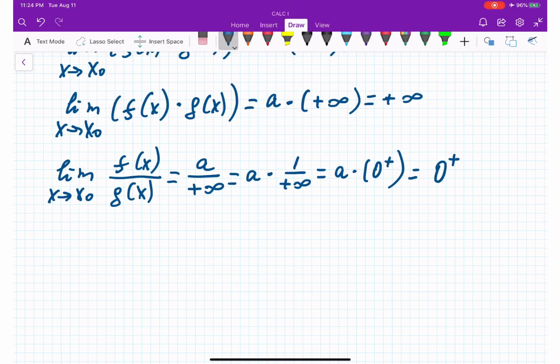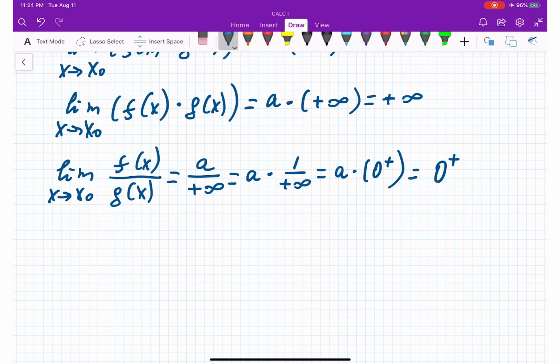Next, let me see. What else is interesting? There are cases that are going to give us uncertainties. Not always does using only the arithmetic properties of limits for enormously large numbers lead to the result.